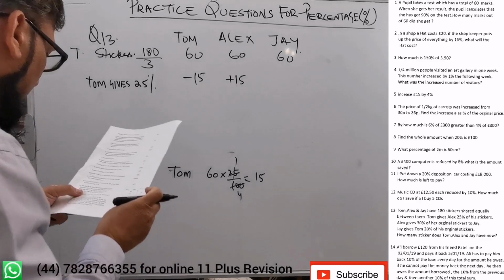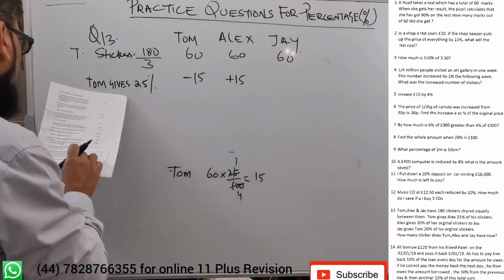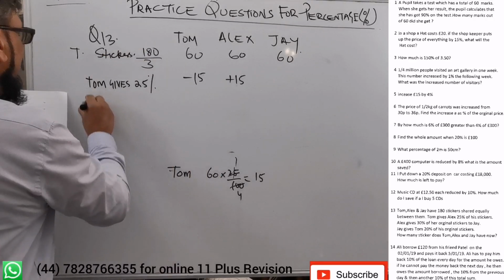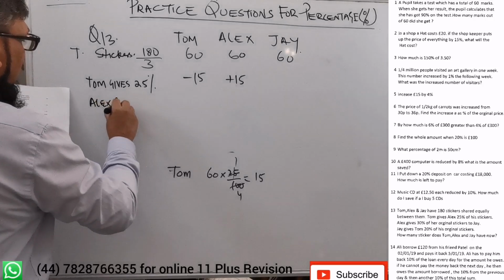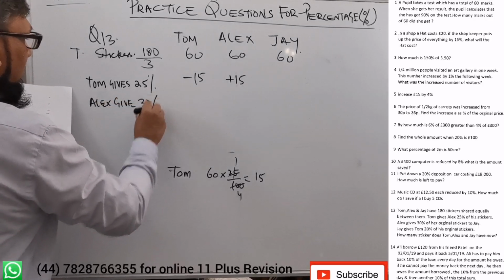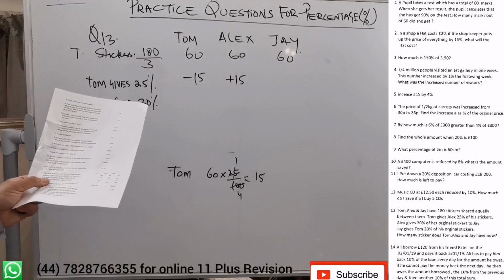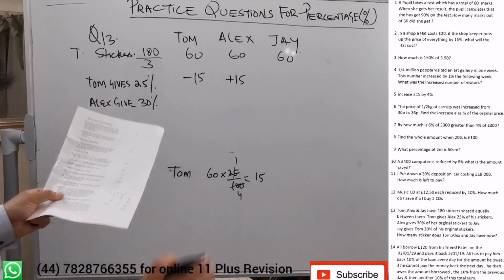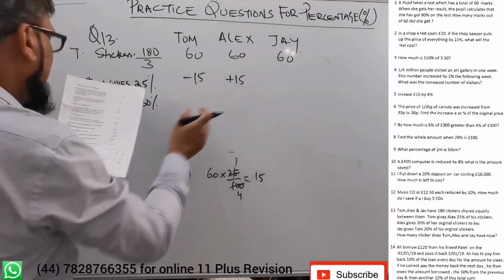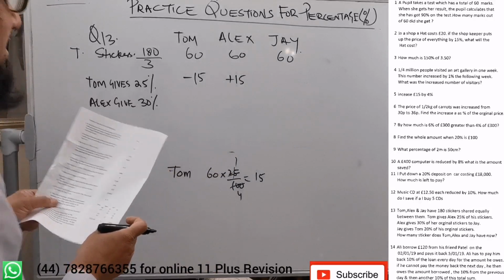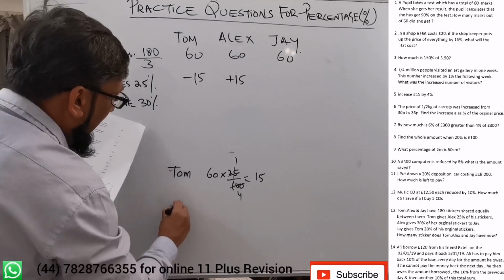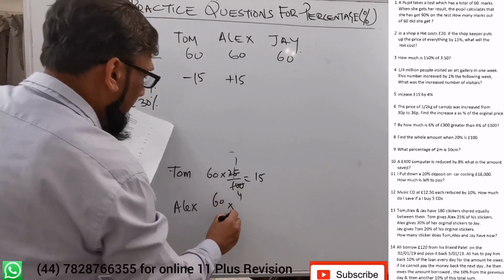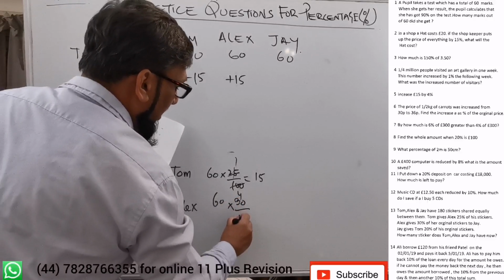Now move to the third line. Alex gives 30% of his original stickers to J. So the original stickers Alex has are 60. So 60 times 30%, so 30 divided by 100.